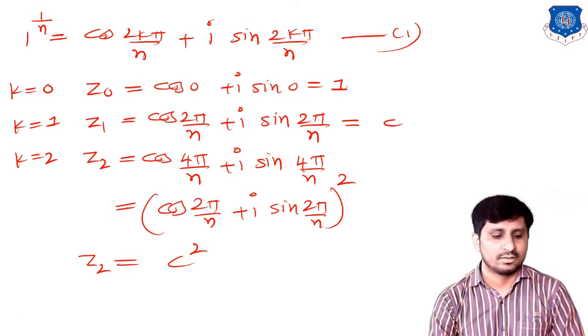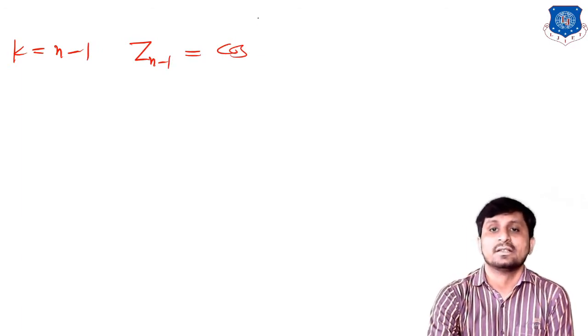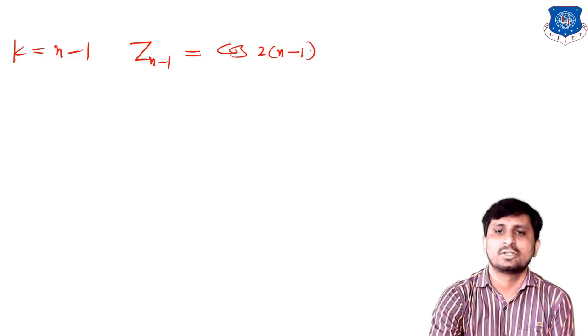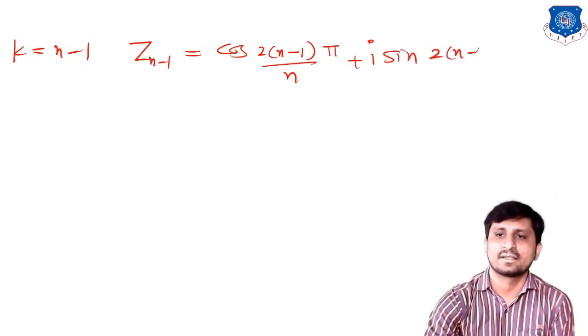So now I want to write the value for k is equal to n minus 1. So call it z n minus 1. That can be written as cos 2k pi by n plus i sin 2k pi by n. So instead of k, we take n minus 1. So cos 2 into n minus 1 pi by n plus i sin 2 into n minus 1 into pi by n.